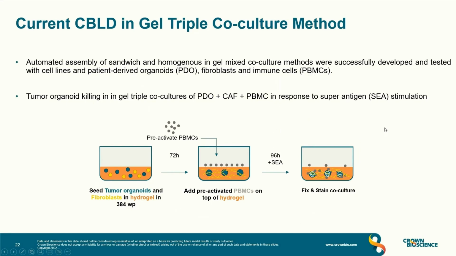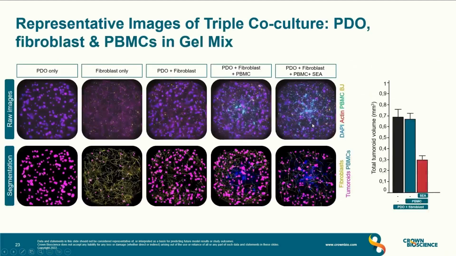The next step is an automated assembly of different types of co-cultures with pre-activated PBMCs. Again, we seed tumoroids and fibroblasts, but then add PBMCs on top. When we characterize these after a few days, we can score all kinds of parameters, including infiltration and killing, etc. So this looks like this.